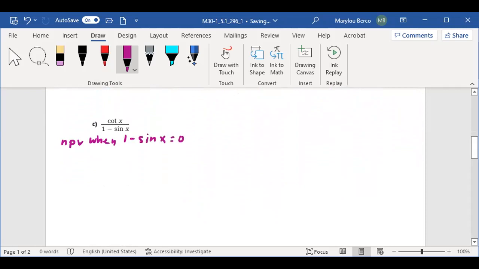And that's in the denominator, and in the numerator, when sine x equals 0, and that's in the numerator.